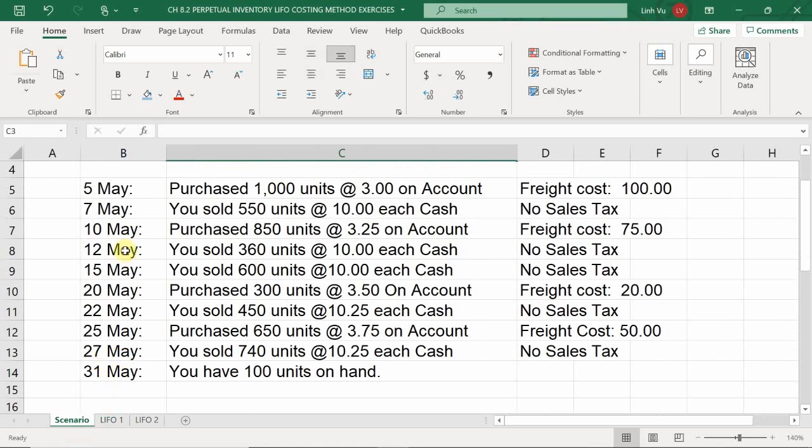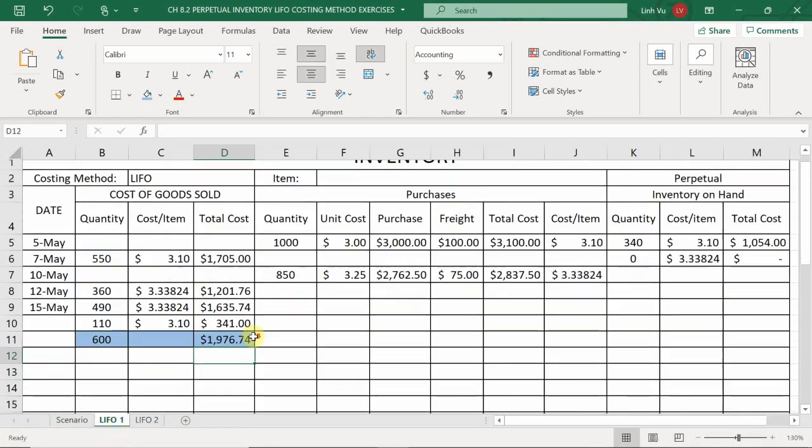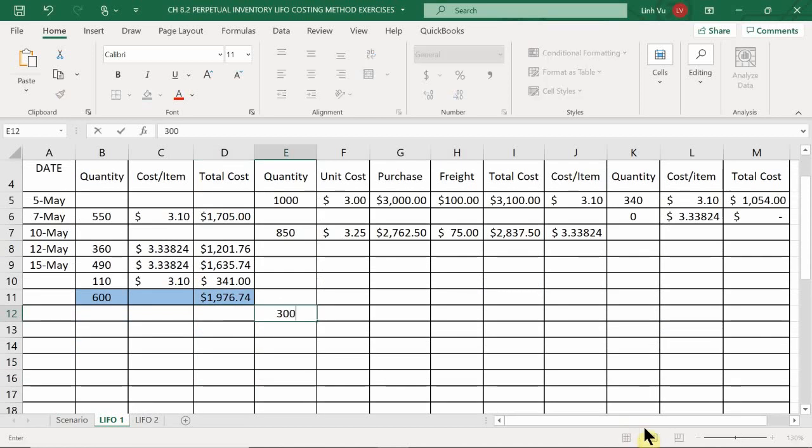It is now May 20th. We end up purchasing a new batch of inventory, okay? 300 units at $3.50, with a freight of $20. So here we are, 300 at $3.50 with the freight of 20.